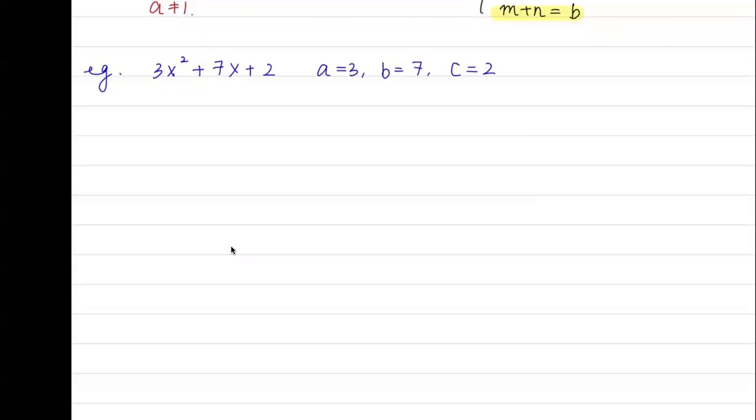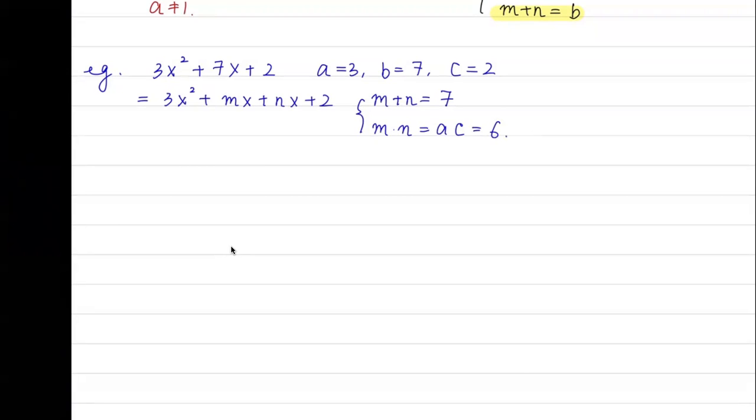So we want to rewrite this trinomial in the form of 3x squared plus mx plus nx plus 2, where m plus n is equal to 7, and m times n is equal to a times c, which is 6.